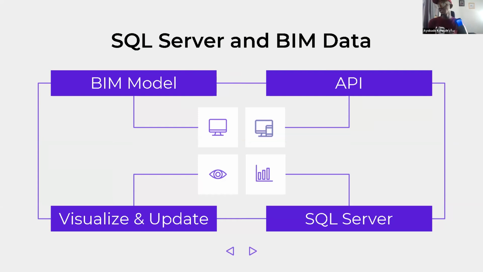Like I mentioned, an API is what helps you connect two different software systems together, because they contain certain protocols and rules that make that possible. So that API then connects a BIM model or data to the SQL server. The SQL server then provides you the ability to visualize the data, analyze the data, and update the data if possible. So that's the connection between SQL server and BIM model data.